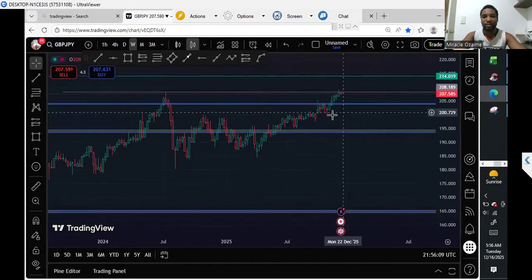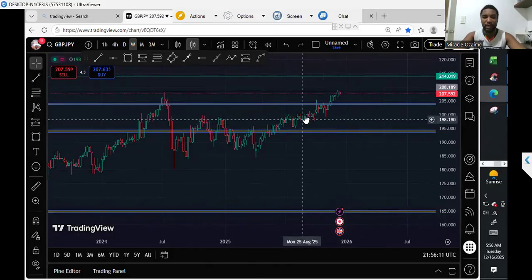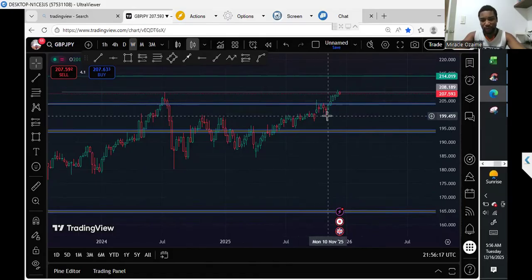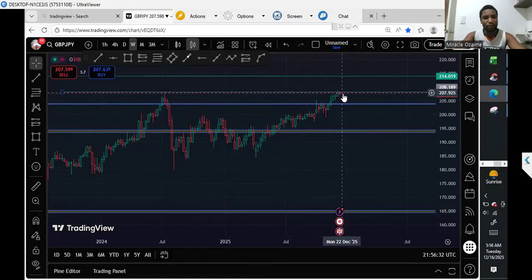If you look at this correction properly and critically, you're going to see that there is a correction around this area. There's a push up, and I'm kind of expecting a correction back to this top. If you check properly, you're going to see that it's supposed to correct back to this region.